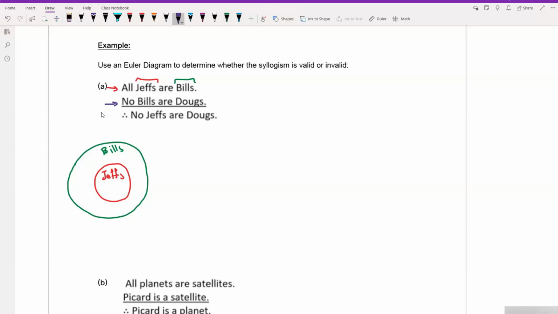Now the second statement: no bills are dogs. We already have bills here in green color. Since we have "no," that means there's no intersection. So none of these members that we have inside the green part are inside this part.